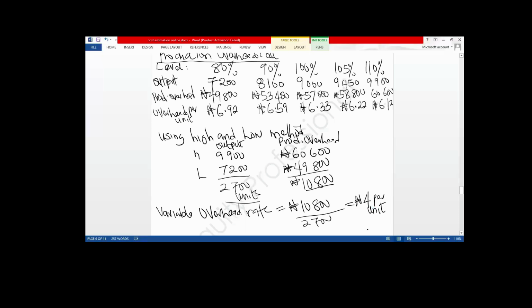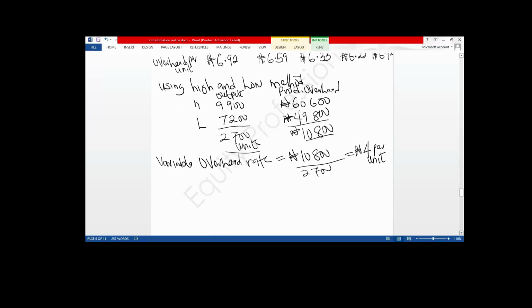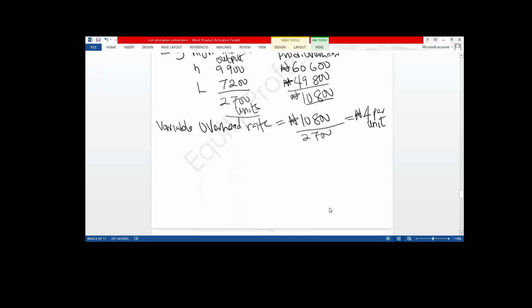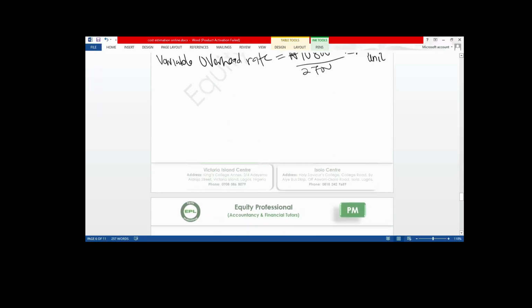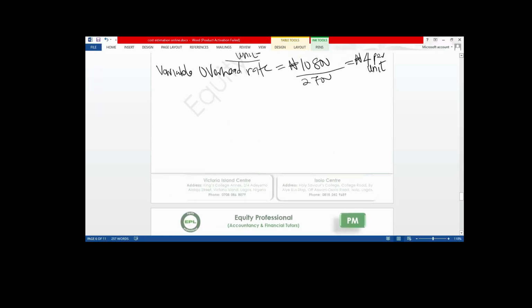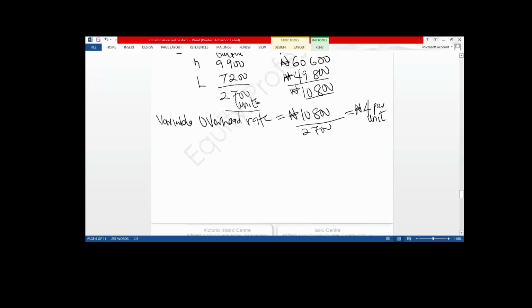Next, I will now go and get my total variable cost, either at the highest level or at the lowest level. Our level, as high level or low level.